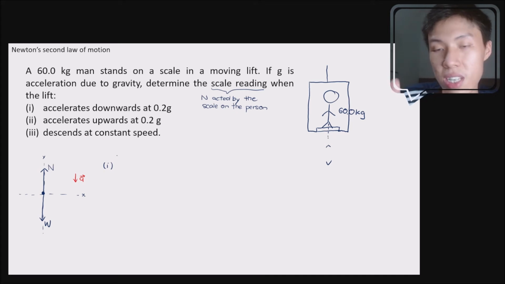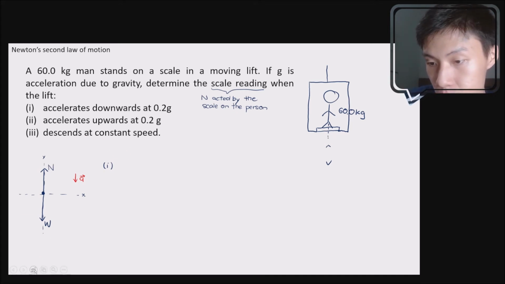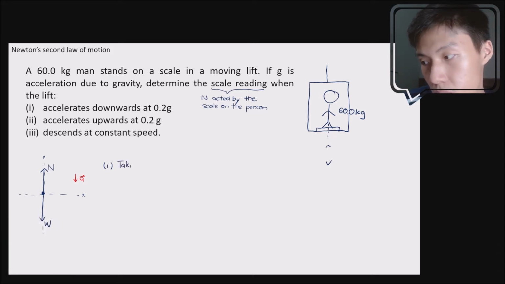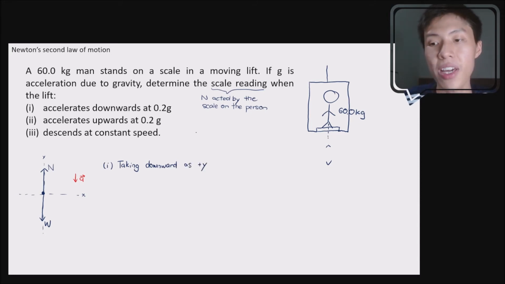So in this case, since our acceleration is pointing downwards, we are taking downward as positive y. Now if you want to build your equation, you'll be building a Newton's second law equation, right?